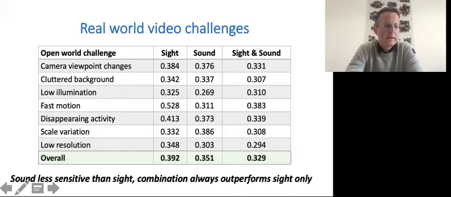And what we see here is that sound is much less sensitive than sight for these visual challenges. And the combination of sight and sound always outperforms sight only. So that is, I think, an interesting observation.